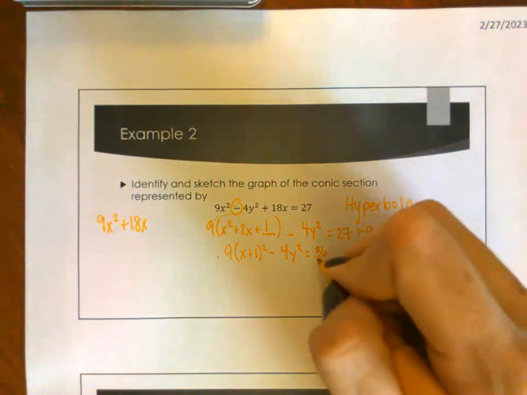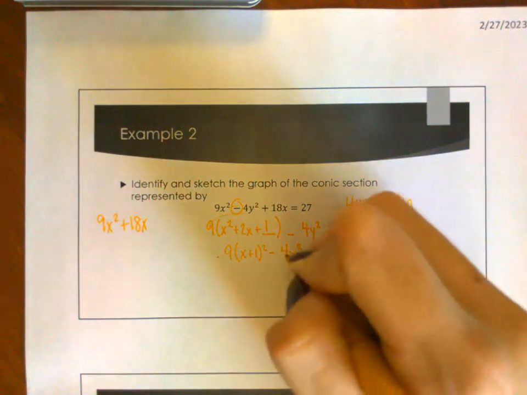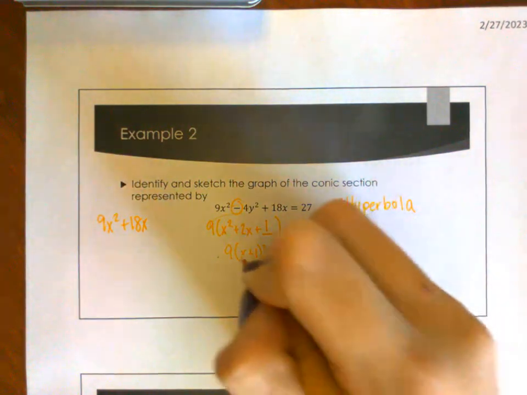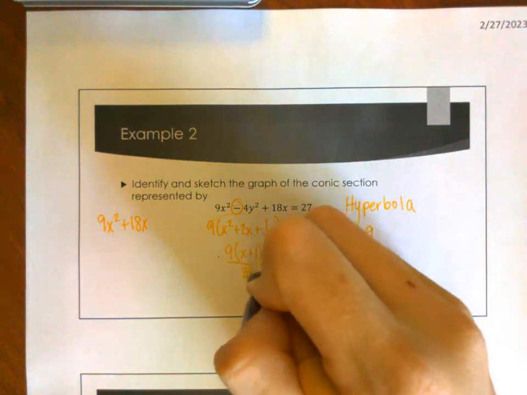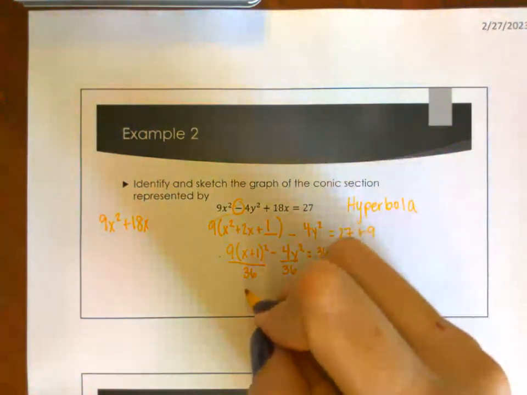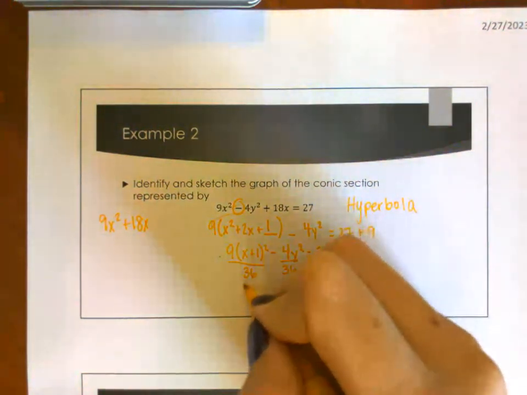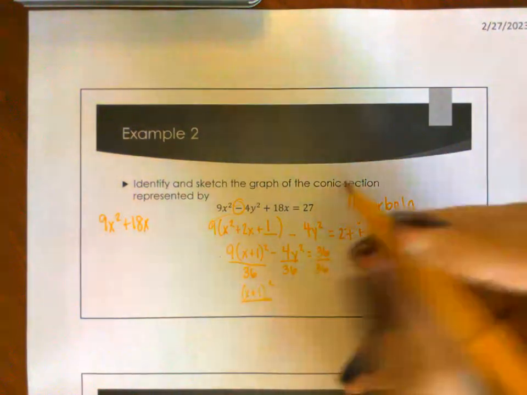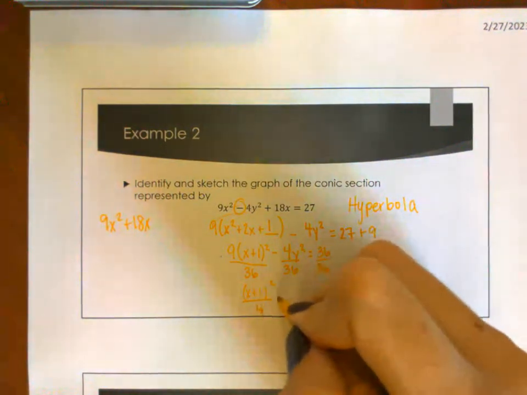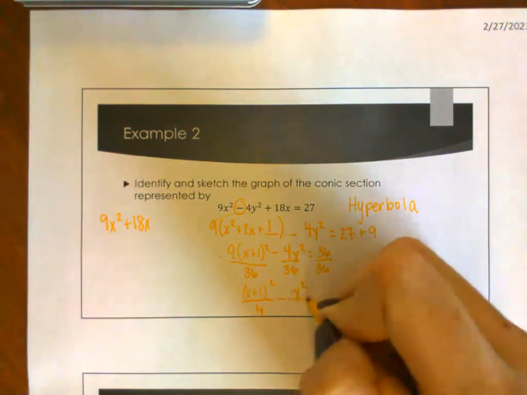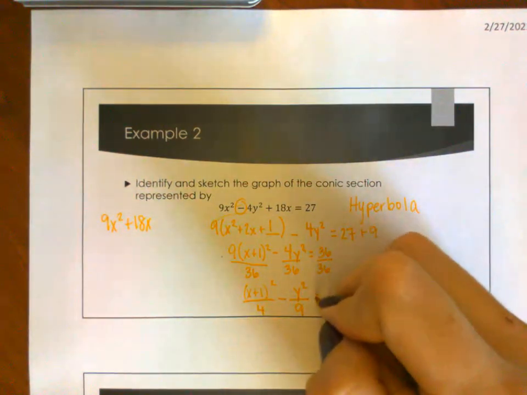All right, now I'm going to divide everything by 36 because in standard form, a hyperbola equation has to equal 1. And I'm going to get (x plus 1) squared over 4 minus y squared over 9 equals 1.